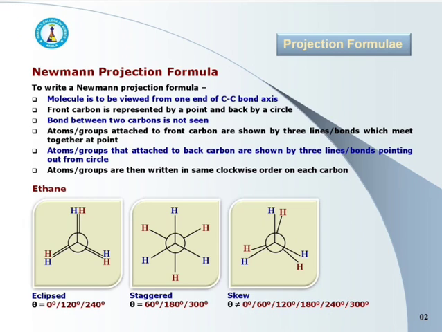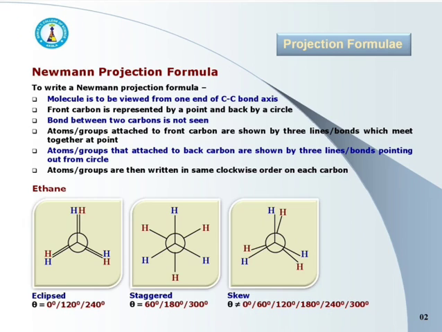And next, atoms or groups attached to the back carbon are shown by three lines or bonds pointing out from a circle. After that, all the atoms or groups attached to front and back carbon are written in the same clockwise order as on each carbon atom.